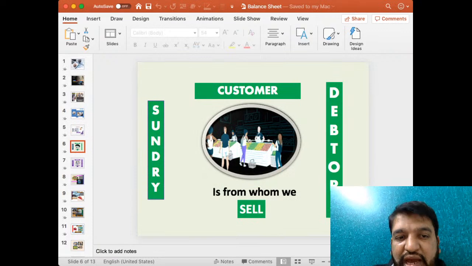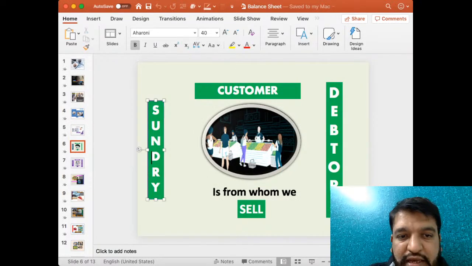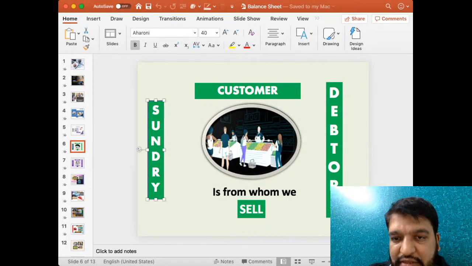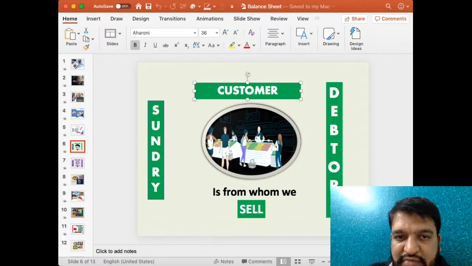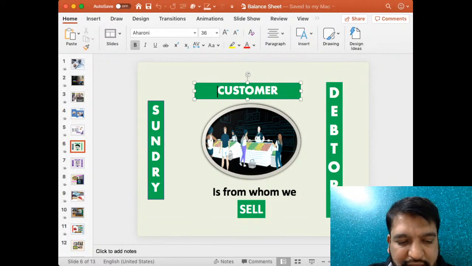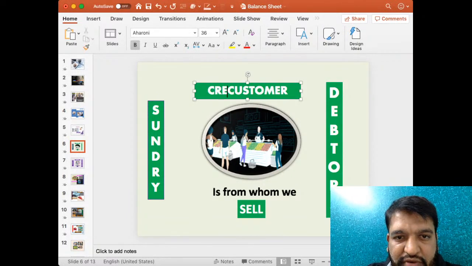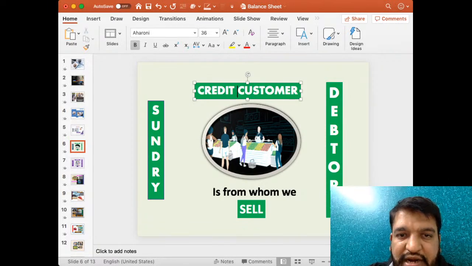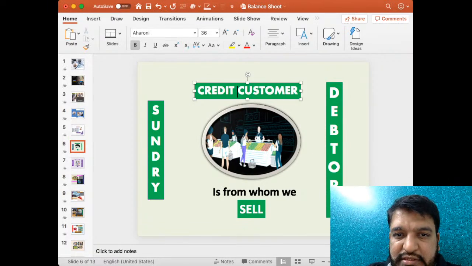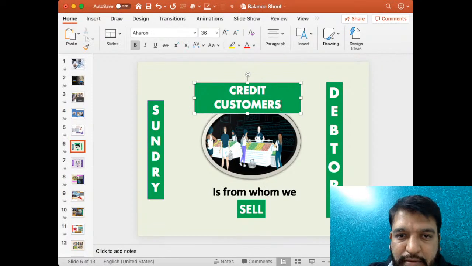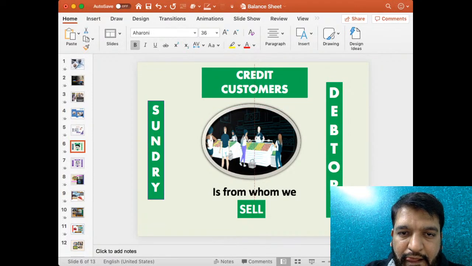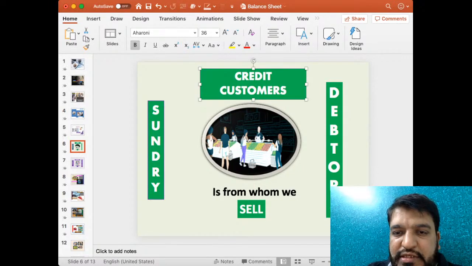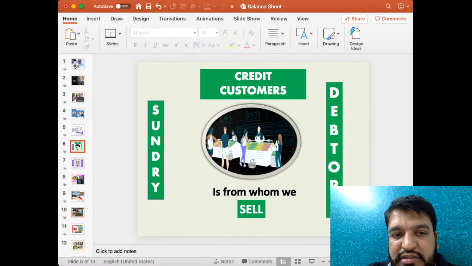Now, we have heard this at first PUC, sundry debtors. Sundry debtors are nothing but credit customers. I missed out the word credit. Let me add that for you. Credit customers are sundry debtors.